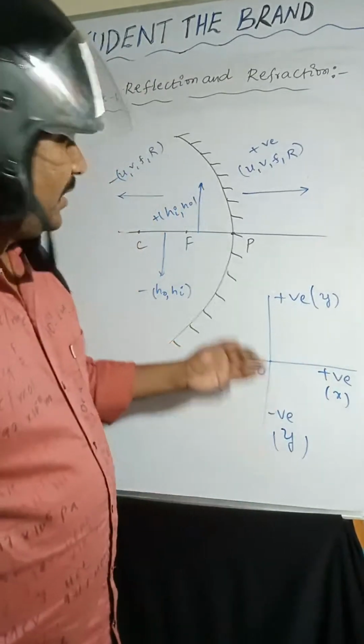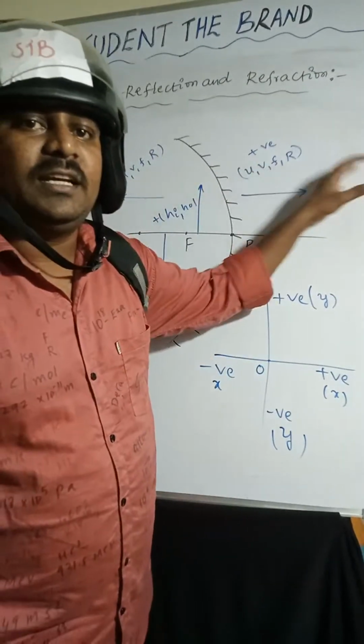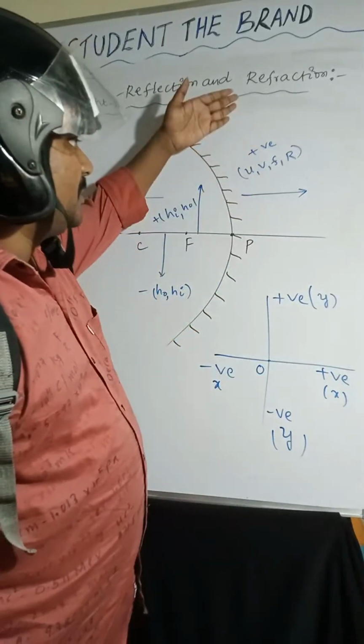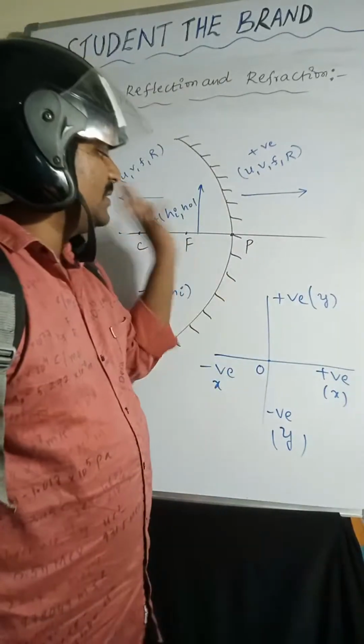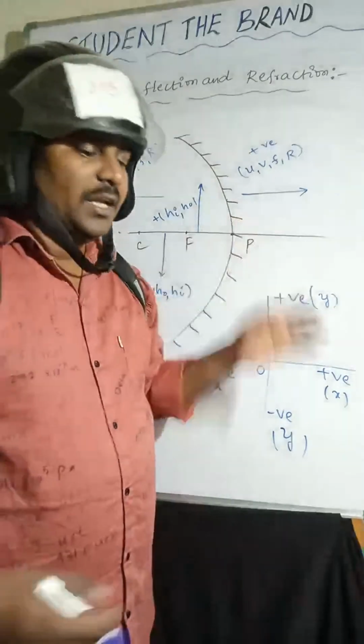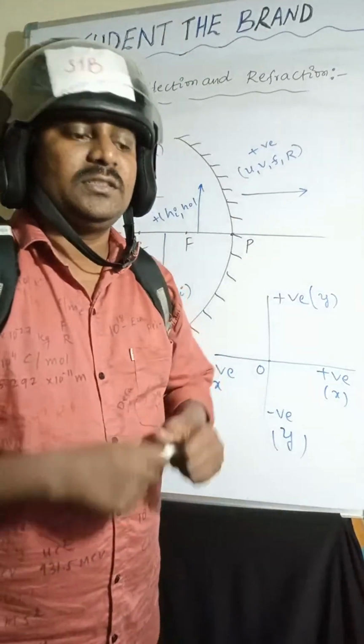Like that, here also all measurements will be taken from the pole. In the direction of incident rays, all are positive. Opposite to incident rays, all are negative. Above the principal axis positive, below the principal axis negative. So this is about sign conventions. New Cartesian sign conventions, simply we can say sign conventions.